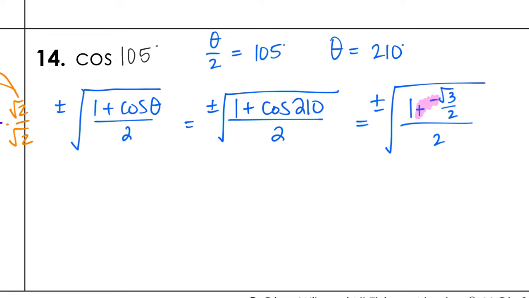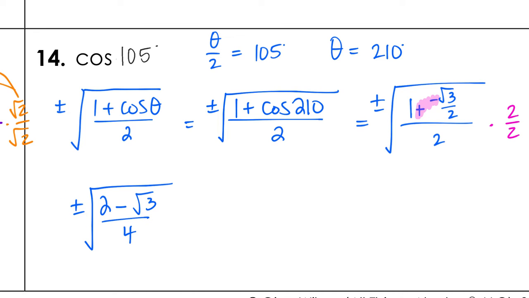But then also, I don't want to have this 2 as a denominator. So I'm going to multiply by 2 over 2. And that gives me 2 minus square root of 3 over 4 underneath the square root, and it's still plus or minus. So now looking closely at it, I don't see anything else that I can simplify. The only issue now, so one last thing, is that it has to be either plus or minus.